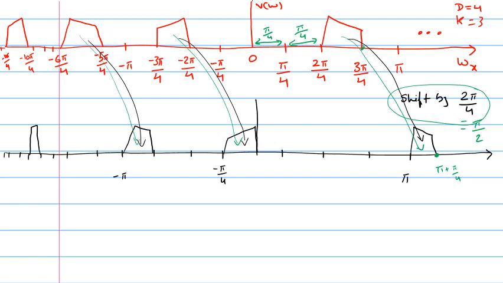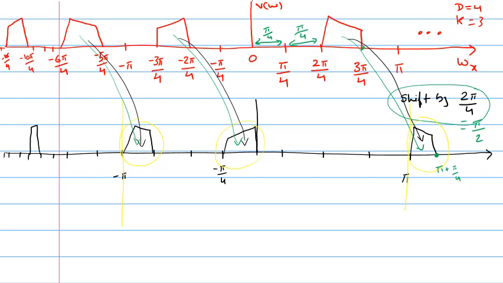However, let me tell you one important thing. We will be concerned only with one band, the other bands we need not concern ourselves with. We'll be concerned only with minus pi to pi, but we will be concentrating on these replicas, because they are coming in from the minus pi to pi band.